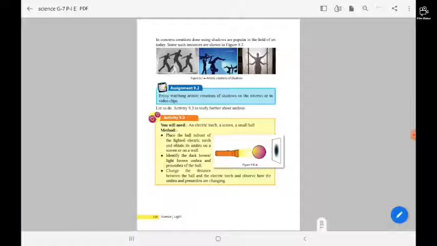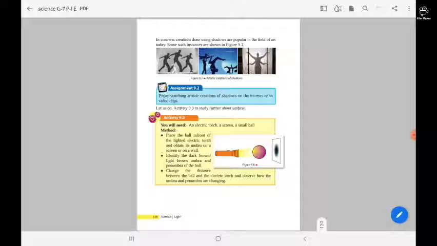In concerts, creations done using shadows are popular in the field of art today. Some such instances are shown in figure 9.7. So there's a thing. They get light from 3 sides. So three men's shadows get built.